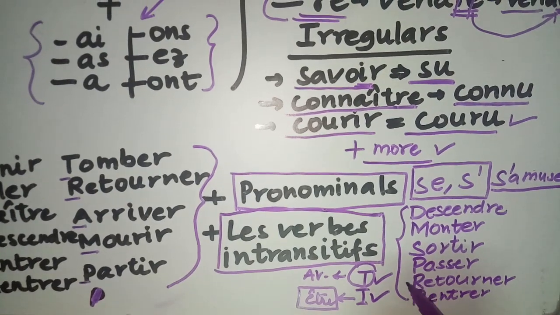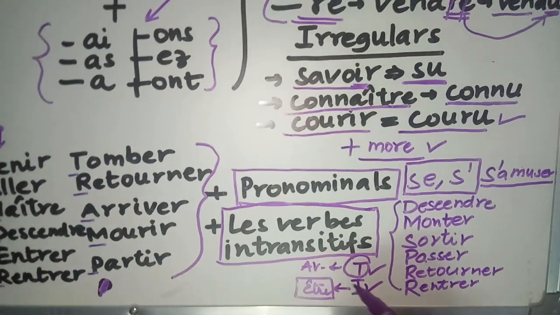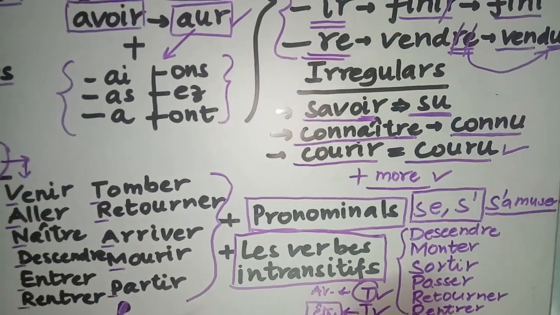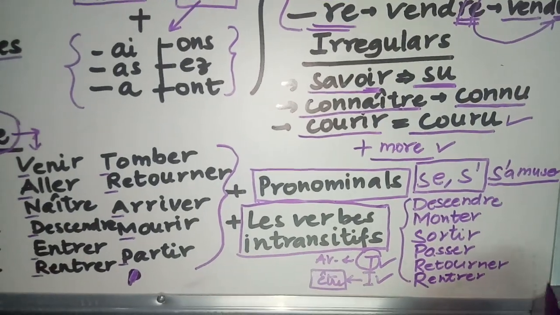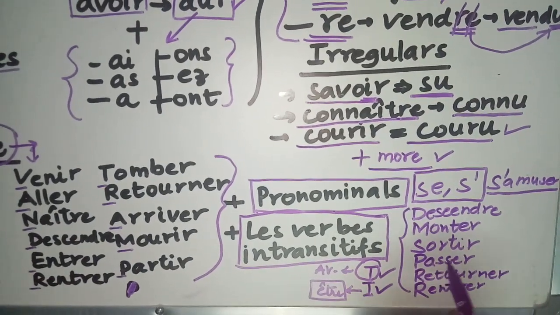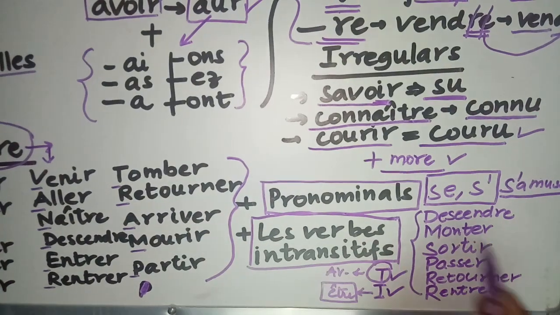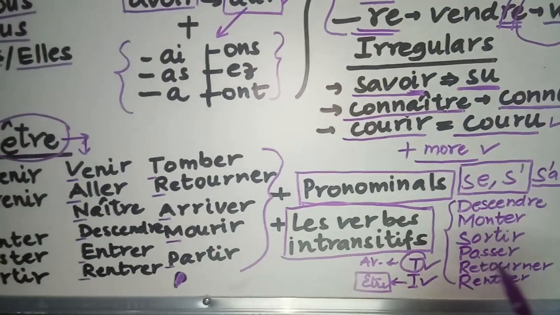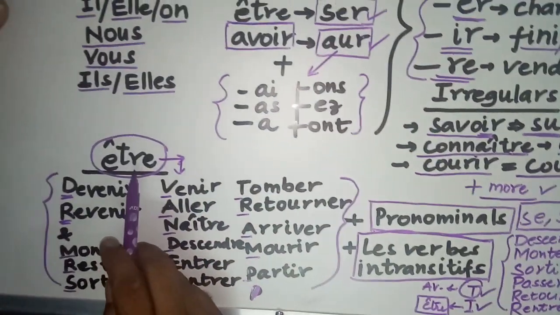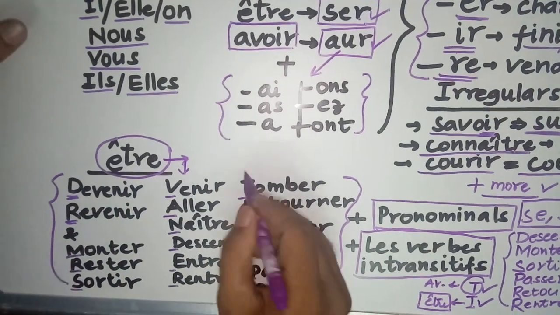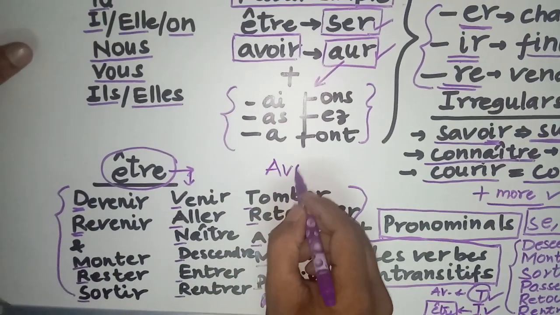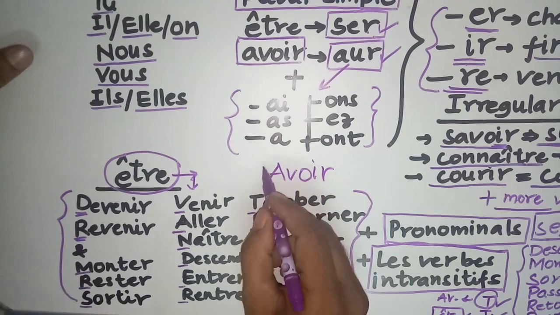Transitively avoir, intransitively être we have to use. This way we have the list of verbs, the 3 categories which get conjugated with être verb. Rest all verbs will go with avoir.